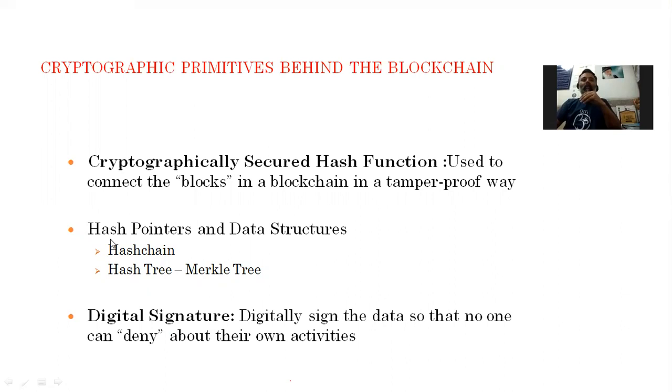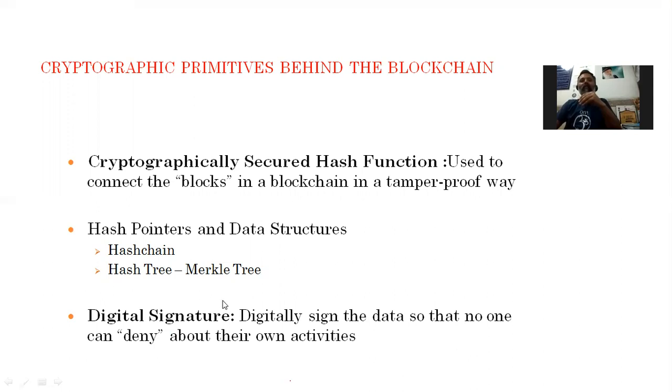With these hash pointers we can make a hash chain. This topic, hash chain and Merkle tree, we will discuss in the next lecture. Today I am going to discuss basically the hash function. Digital signature we have already discussed in the last video.